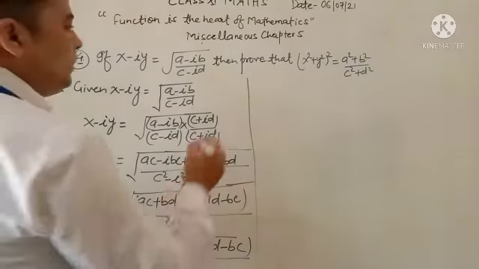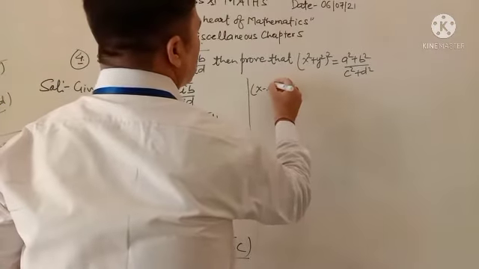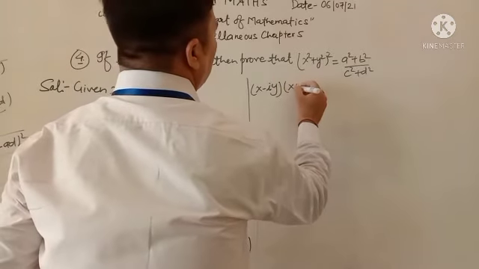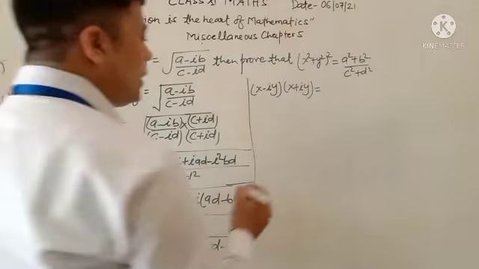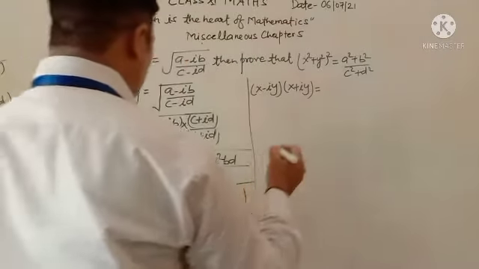Now you need to multiply x minus iy by x plus iy.